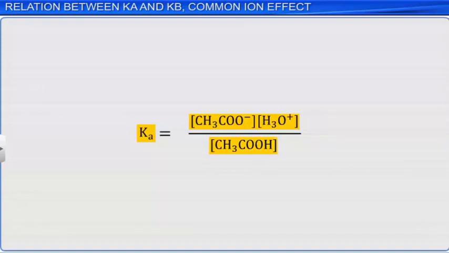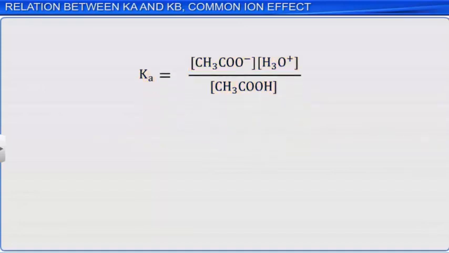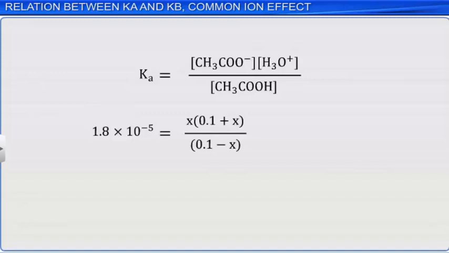Substituting the value of Ka and the equilibrium concentrations of acetate, hydronium ions and acetic acid, we get 1.8 × 10^-5 is equal to x multiplied by (0.1 + x) divided by (0.1 - x).